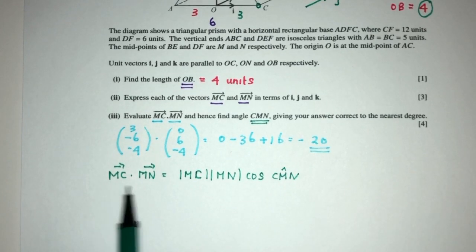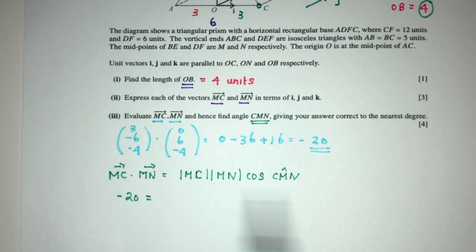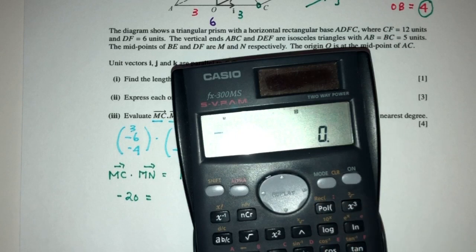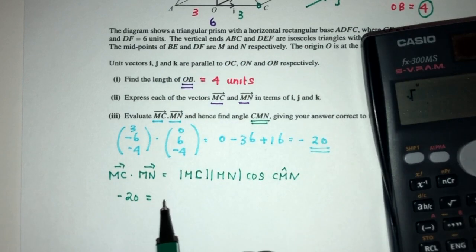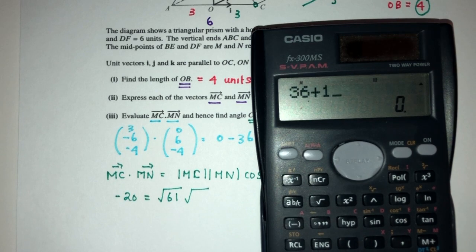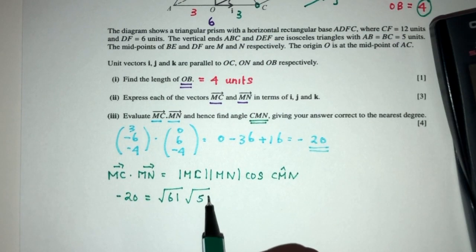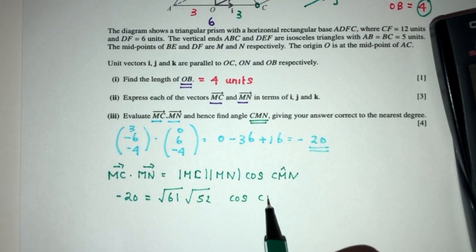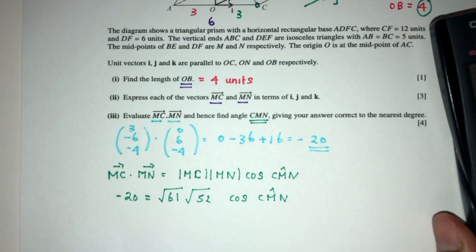One by one, this we have found, it was minus 20. And the magnitude is pretty easy. MC is this one, so that will be 3 squared is 9, plus 6 squared is 36, plus 4 squared is 16. That should be 61, so root of 61. MN should be 36 plus 16, that should be 52. Again, this is just a formula we use to find the length of vectors.